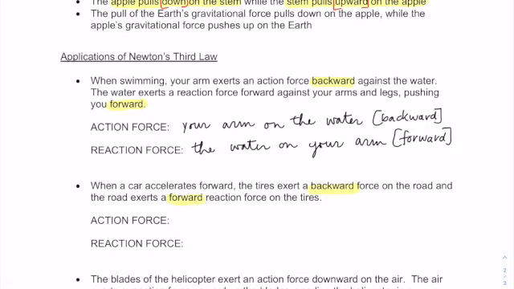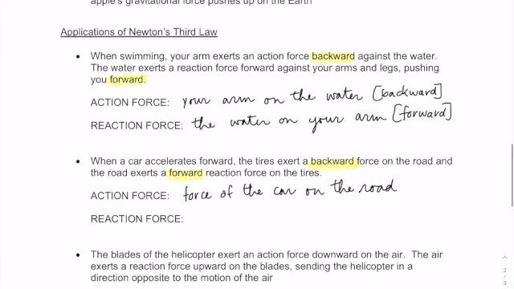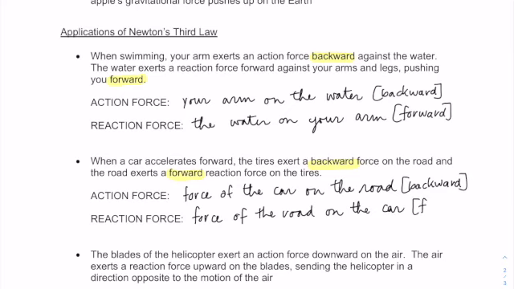So the action force is the force of the car on the road in the backward direction, and the reaction force is the force of the road on the car in the forward direction.